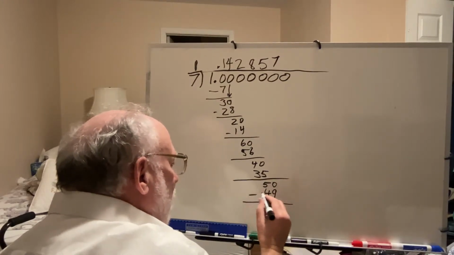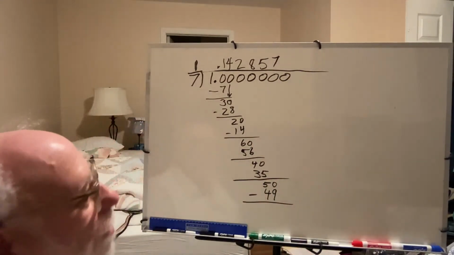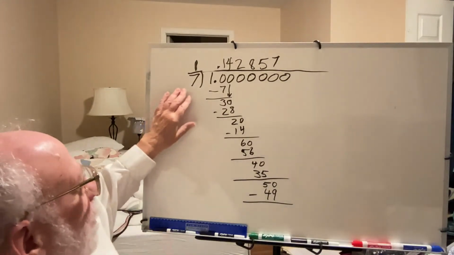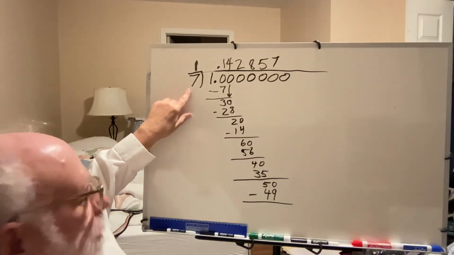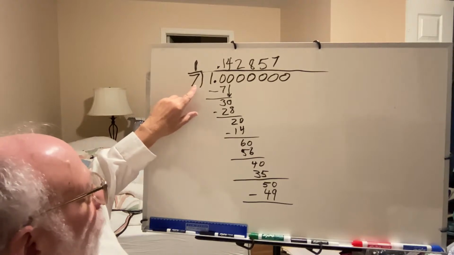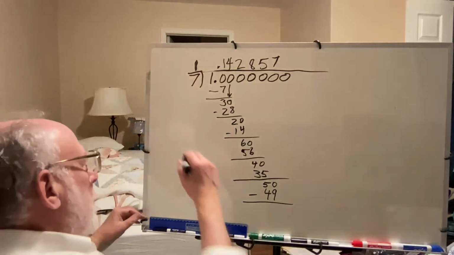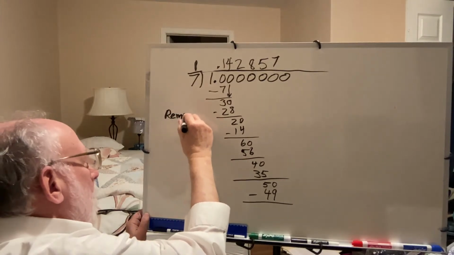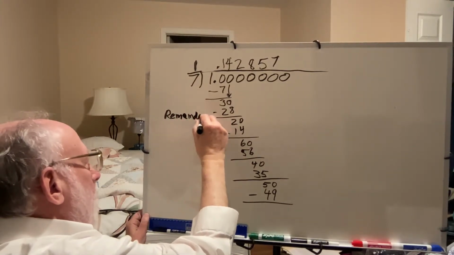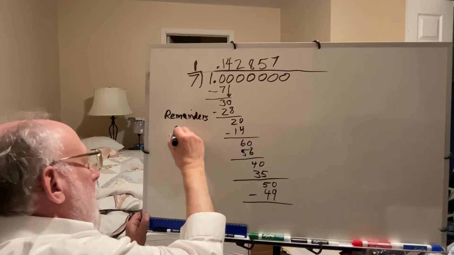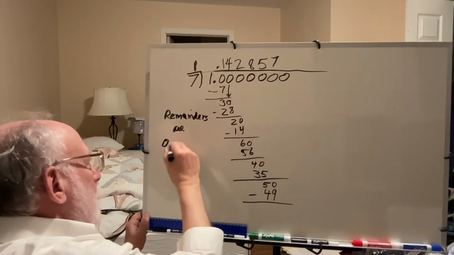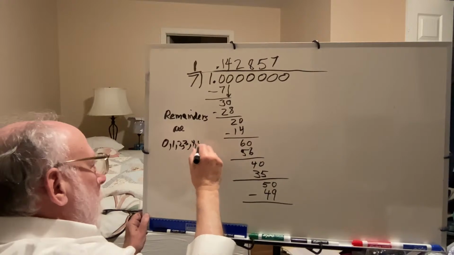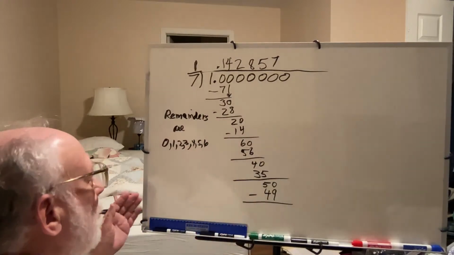But before I go on, let's look at the remainders. The key is how many possible remainders there are on division by 7. The remainders are 0, 1, 2, 3, 4, 5, and 6.